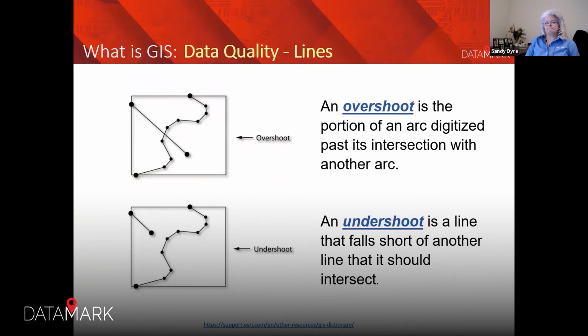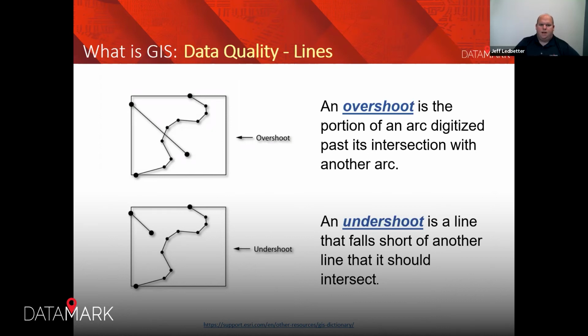Jeff? Yeah, so as we start to look at lines, these lines tend to form, especially as a good example in road center lines, what we call a network. So in a network, lines come together and they should meet at nodes or endpoints or vertexes, to use a geometric term.